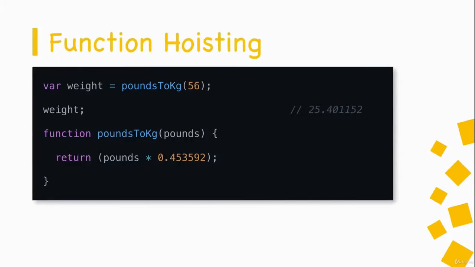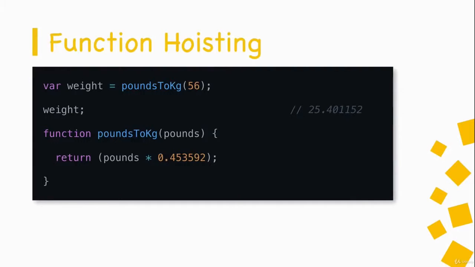Which means you can refer to and call functions even before they're declared. So just because you're calling a function that hasn't been declared yet doesn't mean it'll throw an error. If you eventually declare that function later in your code, that function will be hoisted to the top and the code should work correctly.